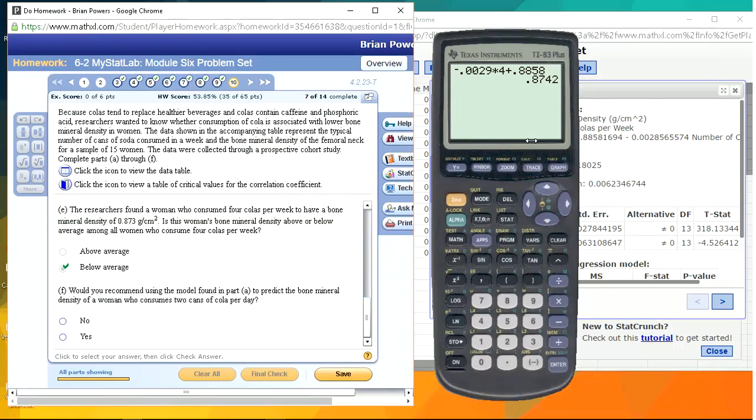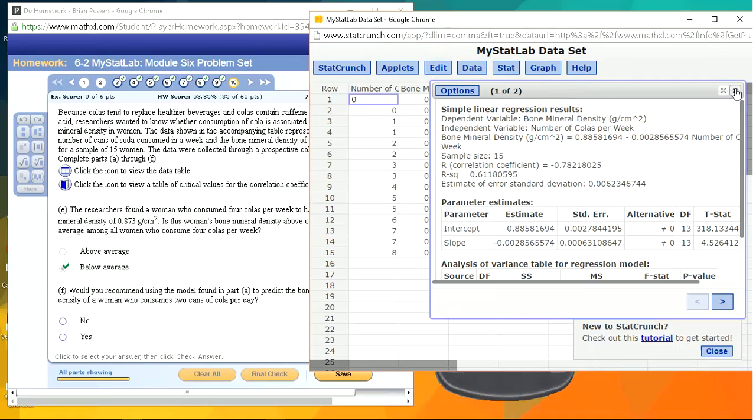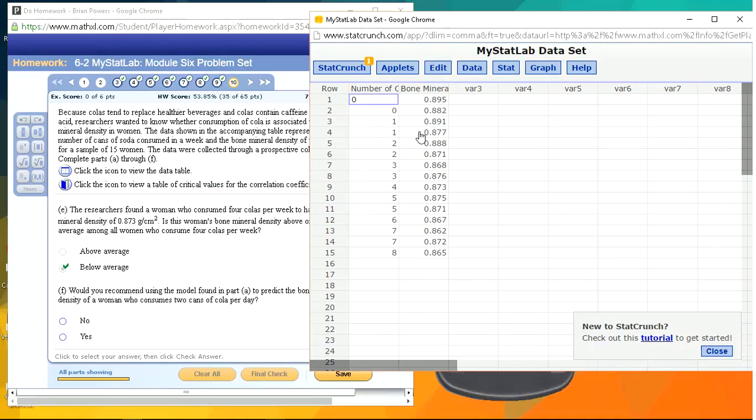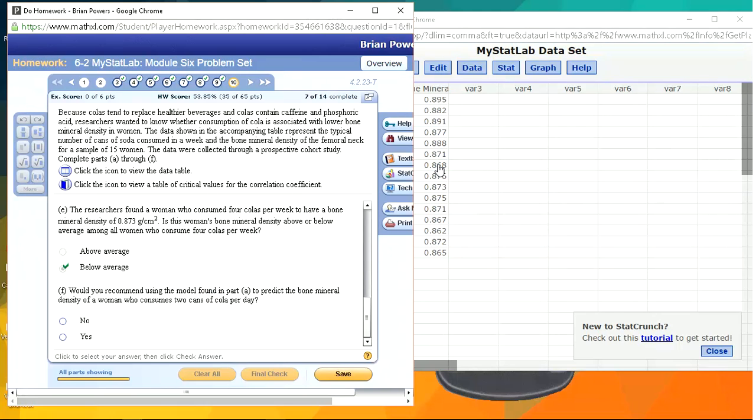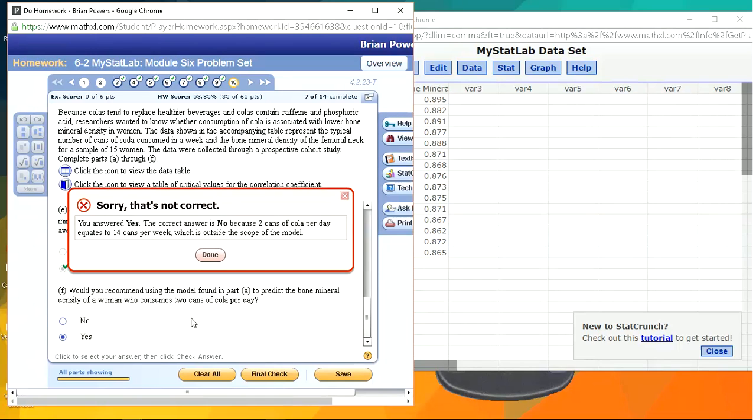Well, let's take a look at our data set. In the data set, do you have any people who have 2 cans of cola? Sure, there's a couple. It goes from 0 to 8. So we're not extrapolating from our data set if we predict for 2 cans. That's totally safe.